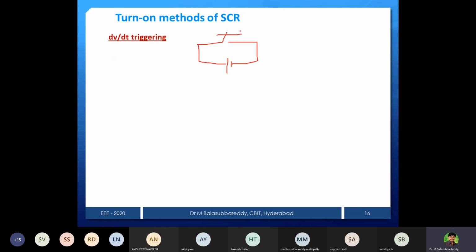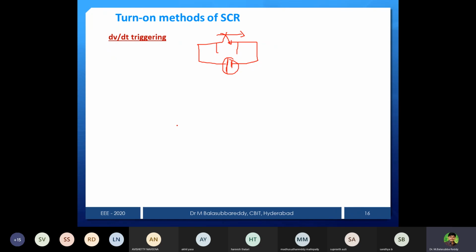Now, when the supply is given without closing the switch, I am telling you the switch is open, what is the voltage across the switch? Normally, as you know from the previous case, the voltage across the switch is the same as the source voltage.